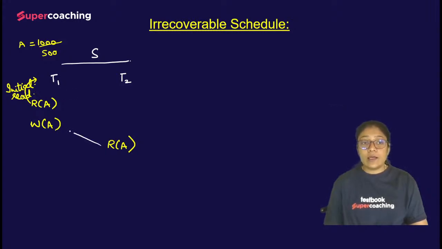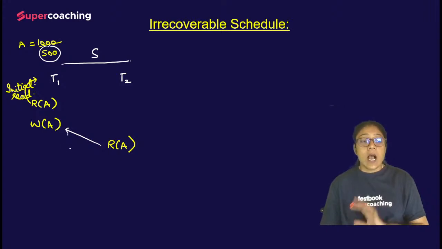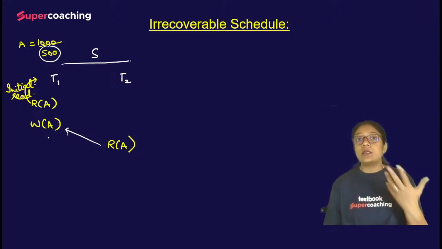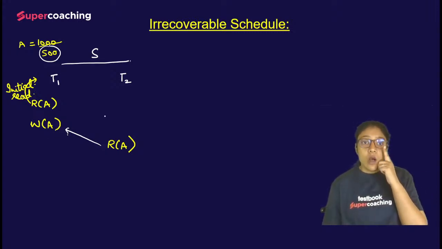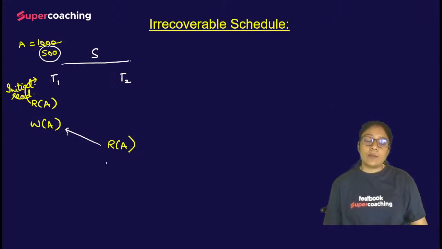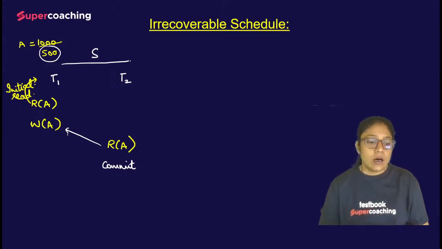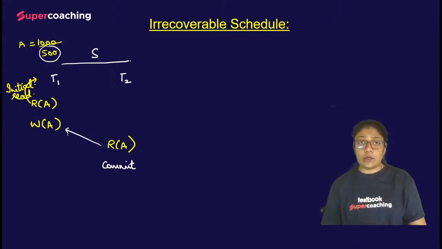Transaction T1 has not committed yet, meaning the changes are not permanent. This is the temporary update. Now, transaction T2 gets committed. This transaction commits, meaning it has read a value and permanently saved that value.